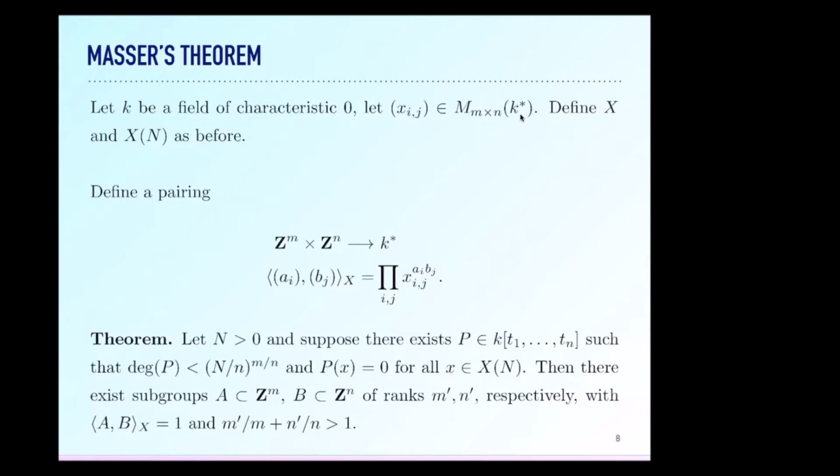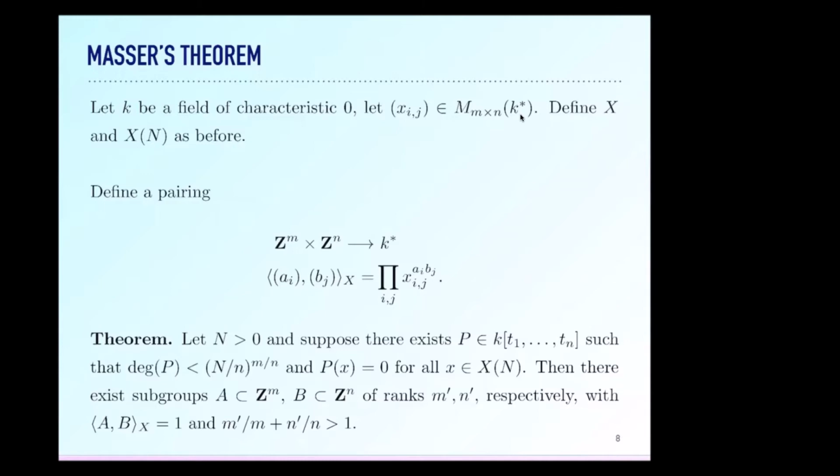And Master's theorem says, now suppose there exists a polynomial. With Waldschmidt's theorem, there are no matrices and logarithms anymore. This is a purely algebraic statement. So Master's theorem takes as input the output of Waldschmidt's theorem, which is this auxiliary polynomial. Let's say it has degree, and you don't even need as small as capital N to the m over n minus epsilon. You just need less than a constant factor of capital N to the m over n, namely the constant factor of little n to the m over n.